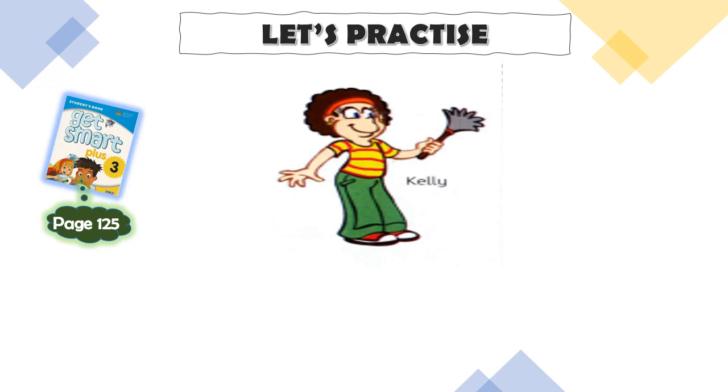Look at the first picture. It's a girl and her name is Kelly. So singular or plural? Singular, because there's only one Kelly. So for singular subject, we use is. So how do you ask questions about Kelly?